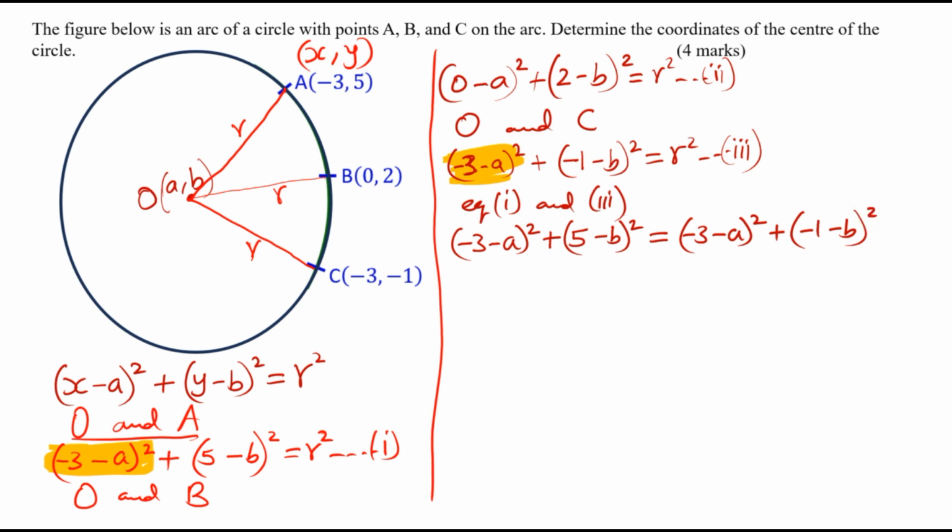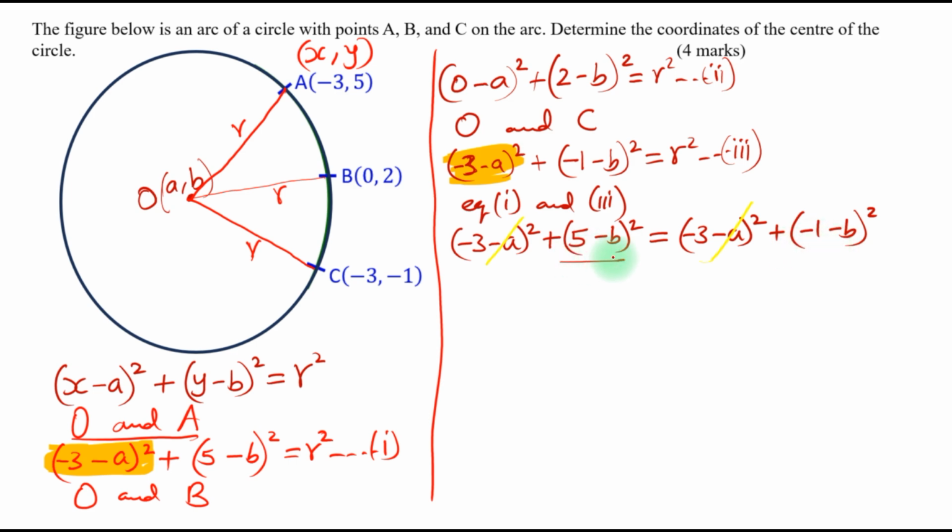So in this case, these two will eliminate each other, and therefore we remain with (5 minus b) squared and the other one.